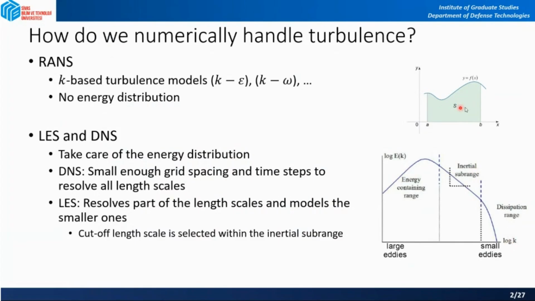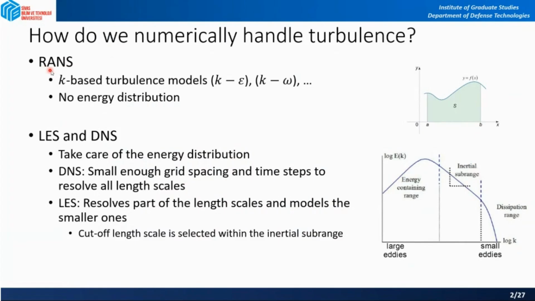For example, this is a function, and the area underneath this function from A to B is S. So you can consider many different distributions that will give you the same area, the same value for S.